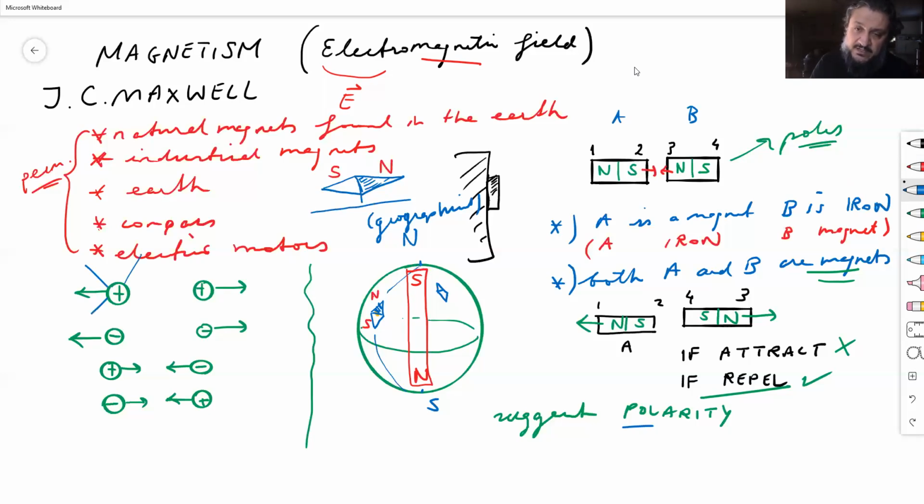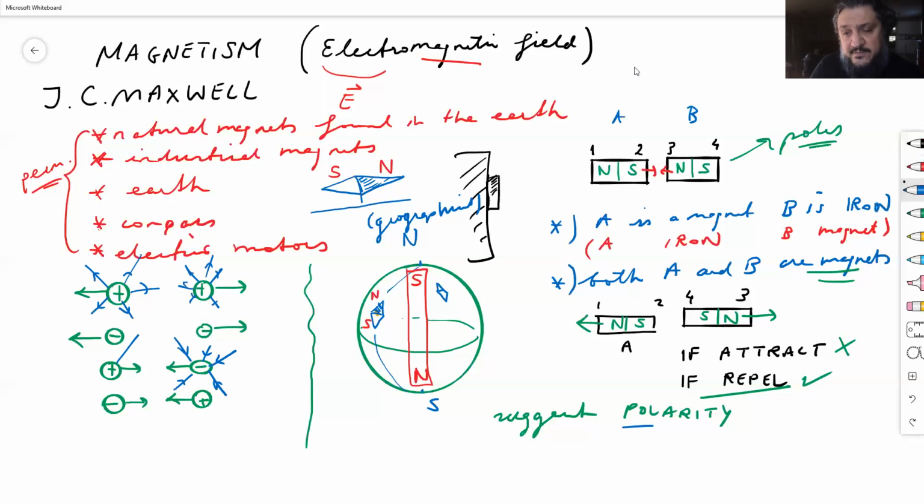Which would radially go outward like this. And similarly, a negative charge would generate an electric field which points radially inward.